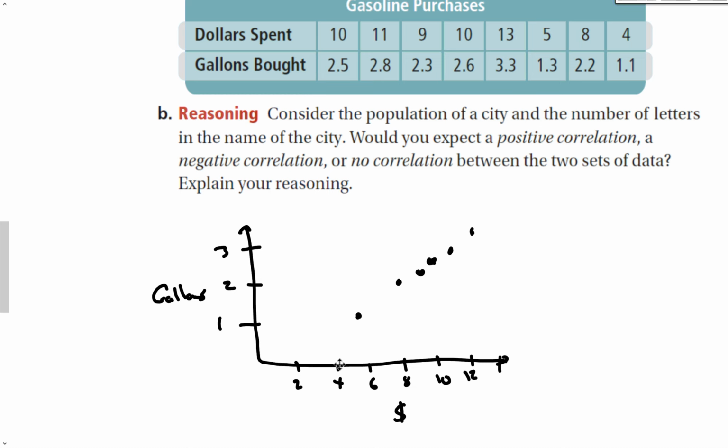And 4 gallons, a little over $1. So we see this has a positive correlation.